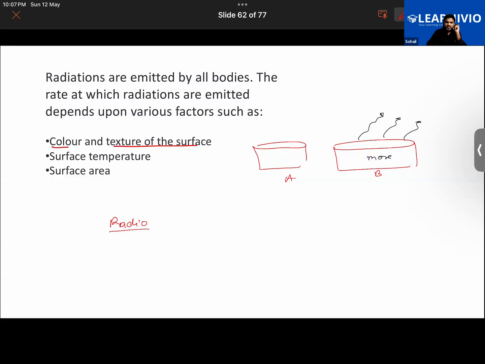You are saying radiation is used in air fryers? Yes. You're saying microwave, I believe? No sir, microwave is something else. Radiation is used in air fryers. I'm not getting it. Okay, air fryers are used for cooking purposes, right?